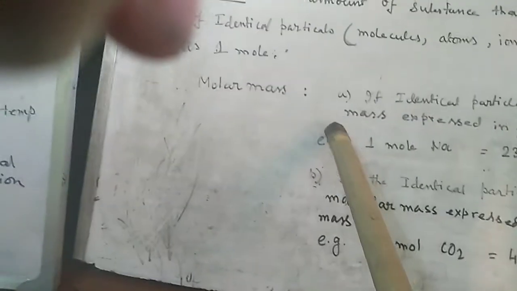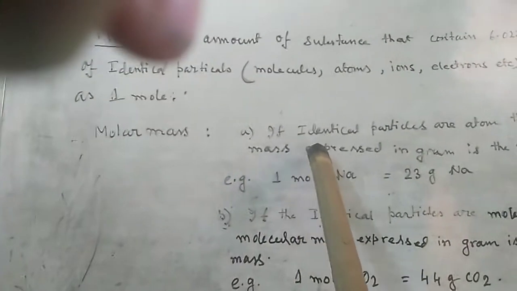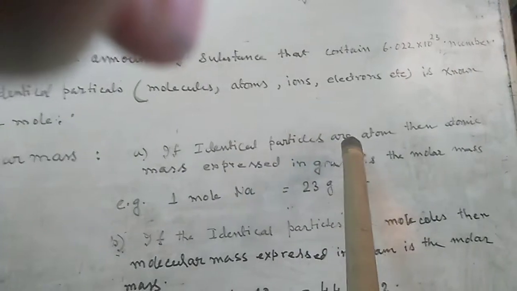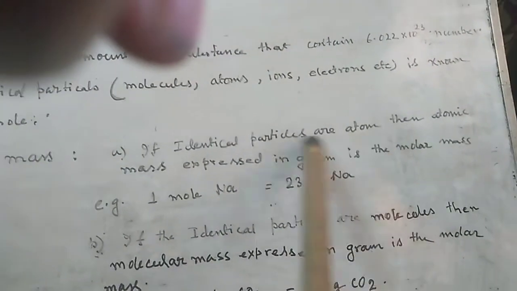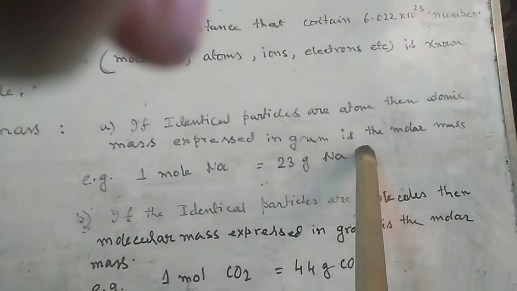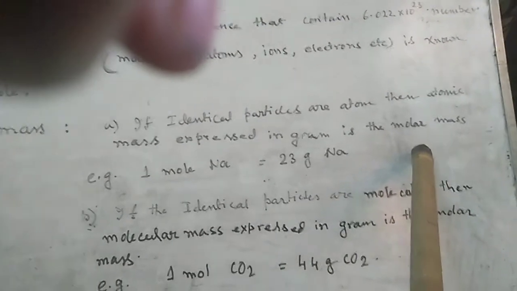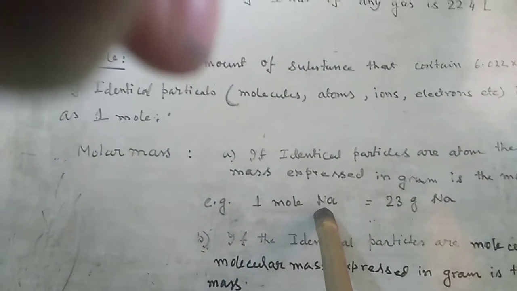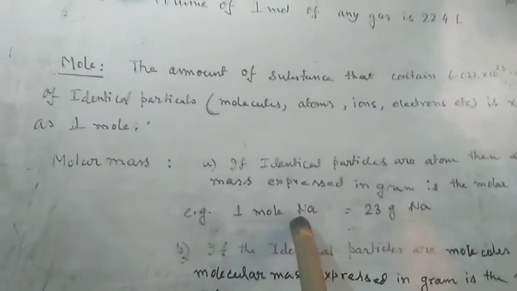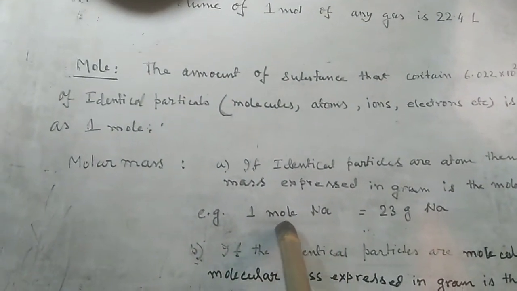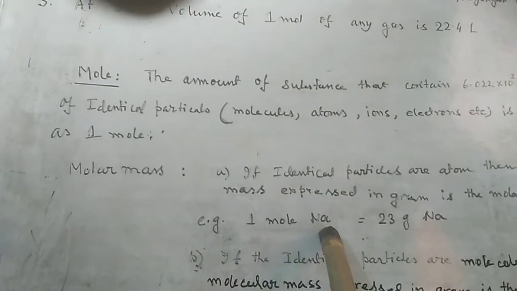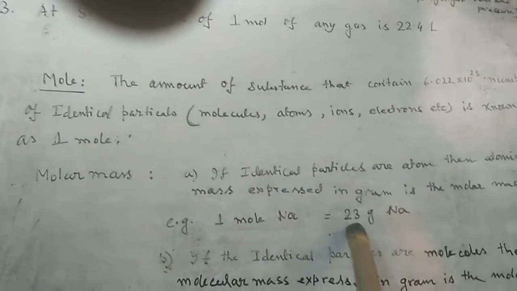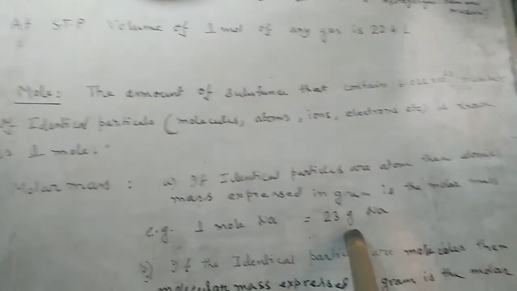Now we come to molar mass. For any substance, if the identical particle is an atom, then the atomic mass expressed in grams is the molar mass. In the case of sodium, 1 mole of sodium means 1 mole of sodium atoms, and its atomic mass is 23, so the molar mass will be 23 gram.